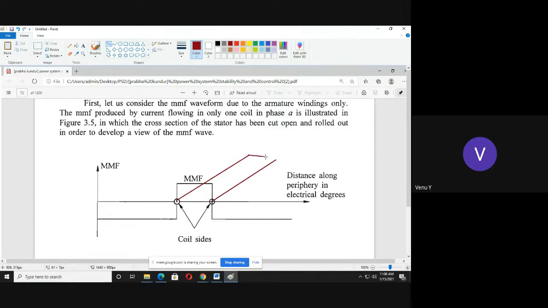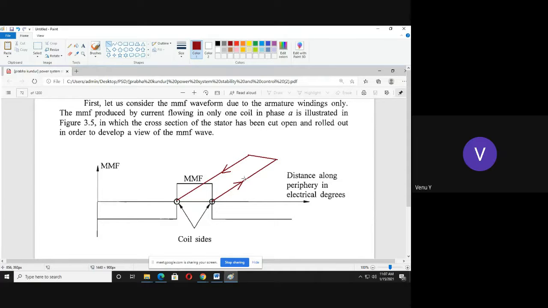The current direction here is into the plane, and out of the plane here.